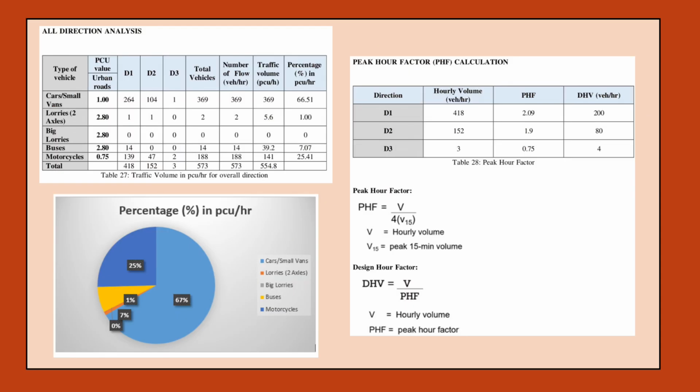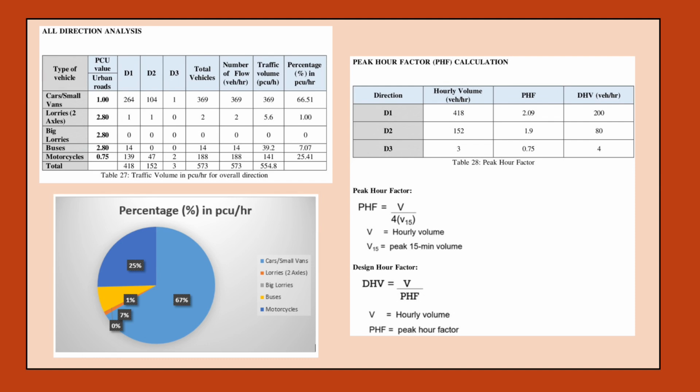At night, cars have the highest percentage value for traffic volume in PCU per hour with 67%, motorcycles have 26%, buses have 7%, while lorries have 1% and big lorries have 0%. The peak hour factor for direction 1 is 2.09, direction 2 is 1.9, and direction 3 is 0.75.